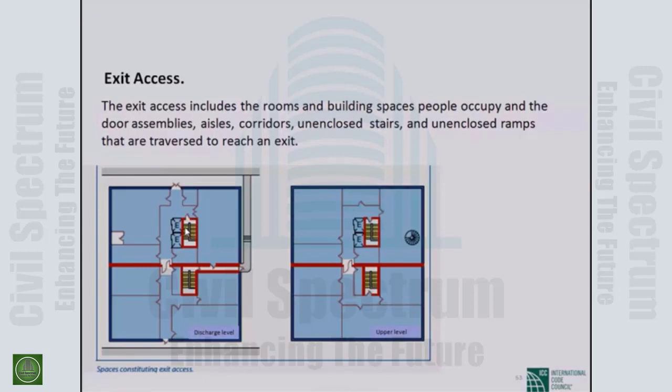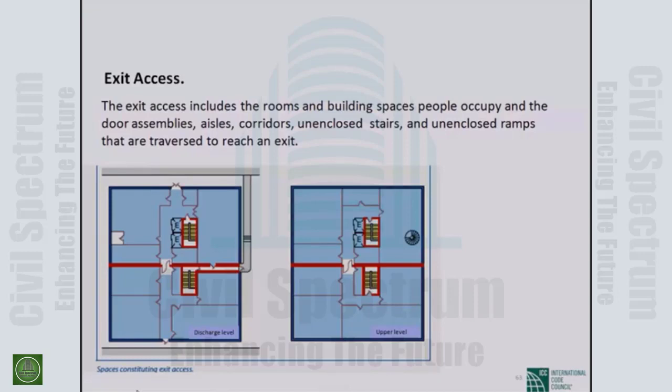From exit access, from any location, you have to come down to the discharge level, and at the discharge level you can go out because you have some exit access. In the discharge level, there is a horizontal access separated by a wall. You can see the thick red line, that is the fire rated wall.